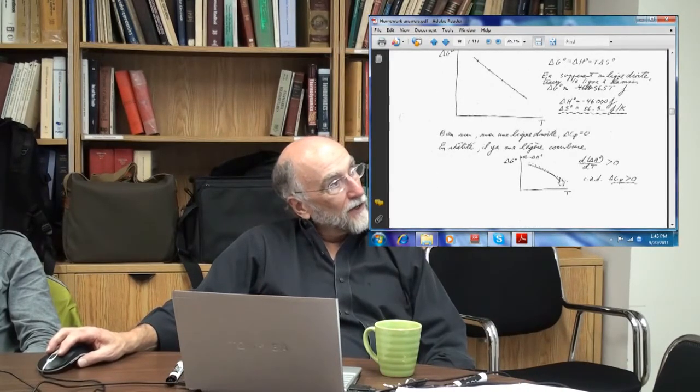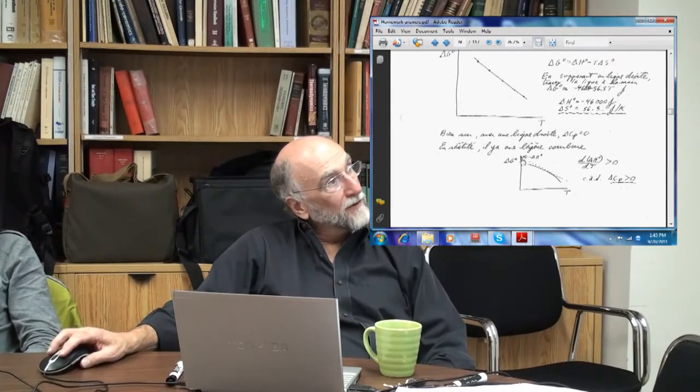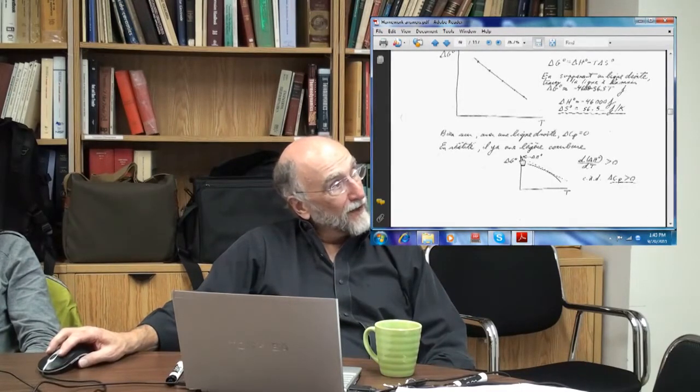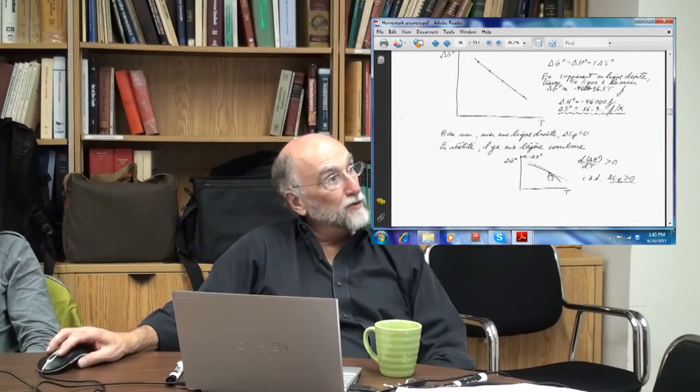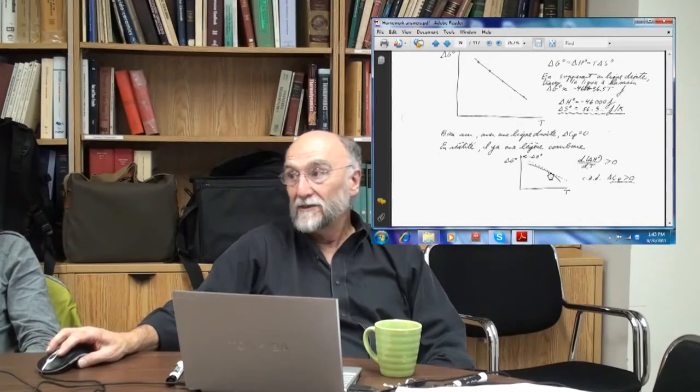And at any temperature, if you drew the tangent at that temperature and extrapolated it to 0 Kelvin, that is the enthalpy of the reaction at that temperature, and the slope of the line is minus the entropy of the reaction at that temperature.